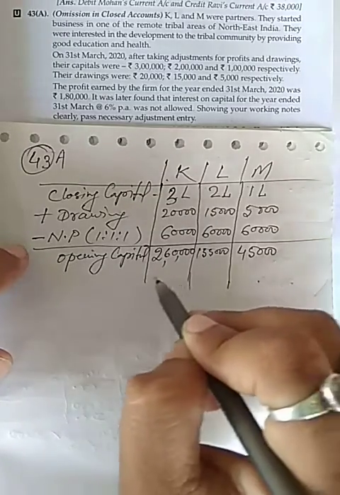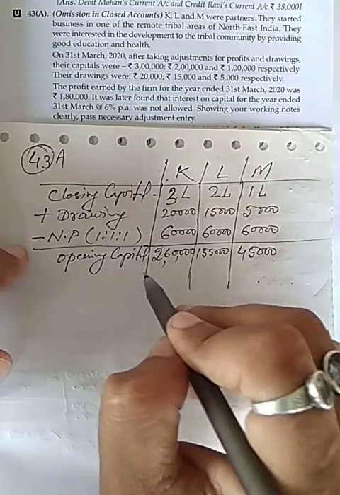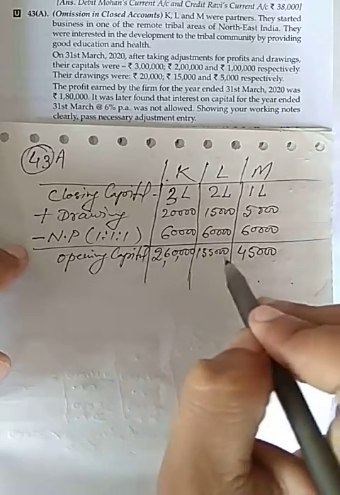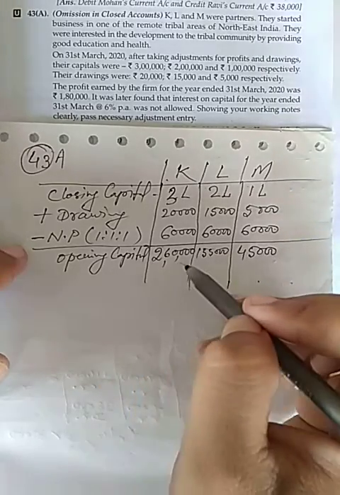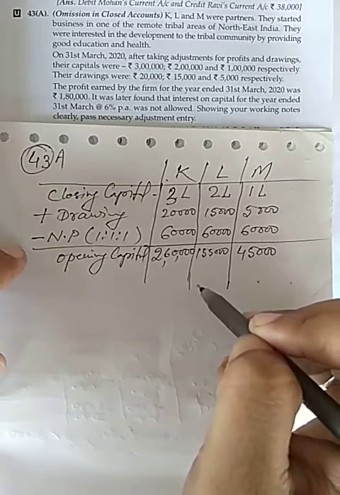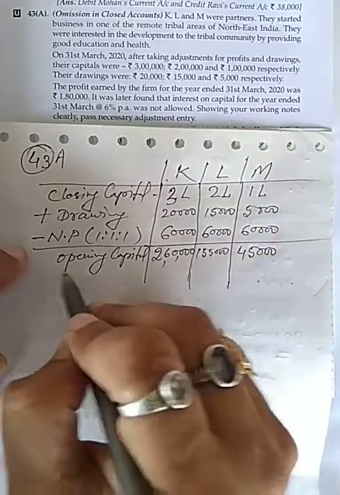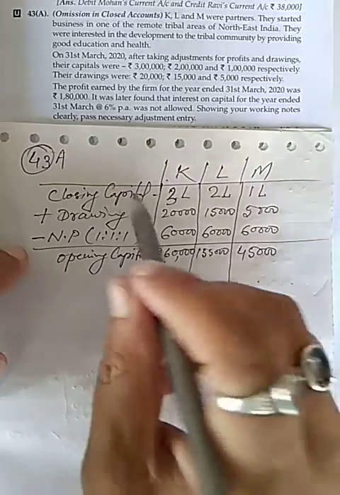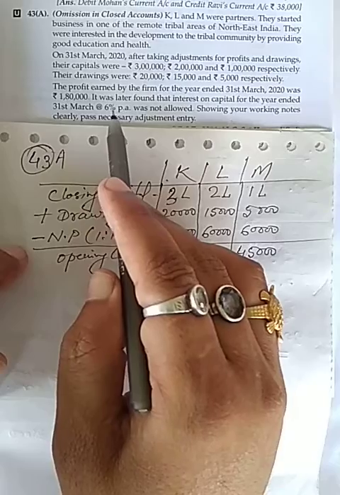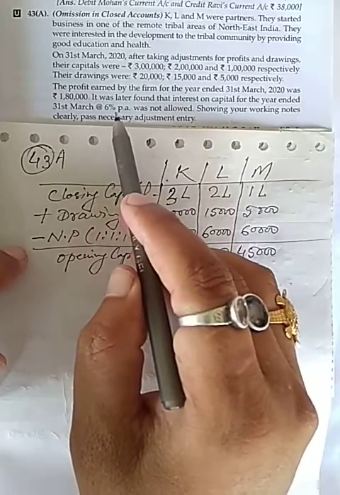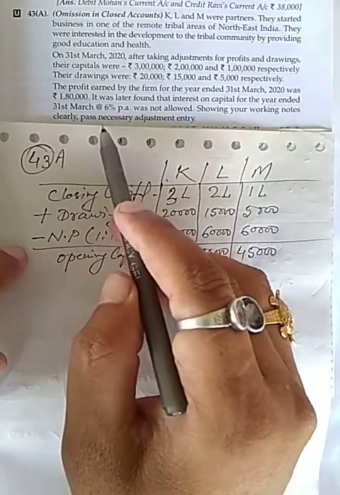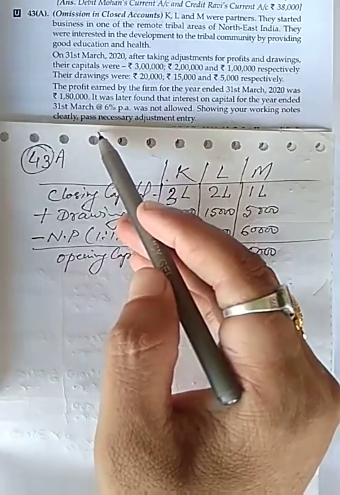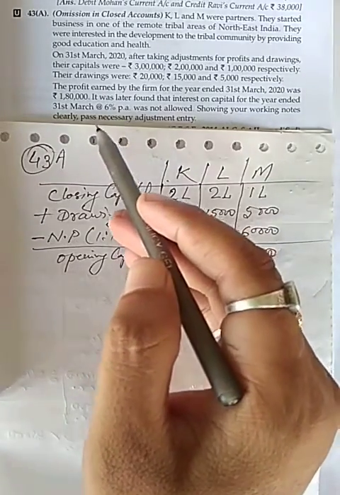It means we will always calculate interest on capital on opening capital, and in this question, at the rate of 6%, interest on capital was not allowed.